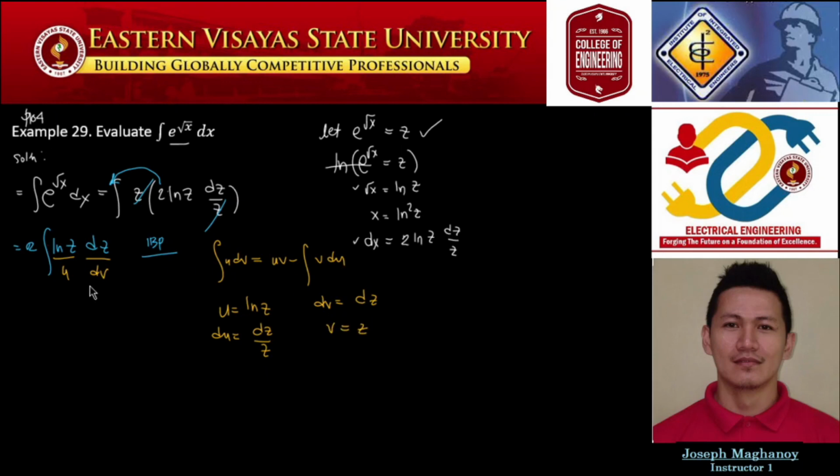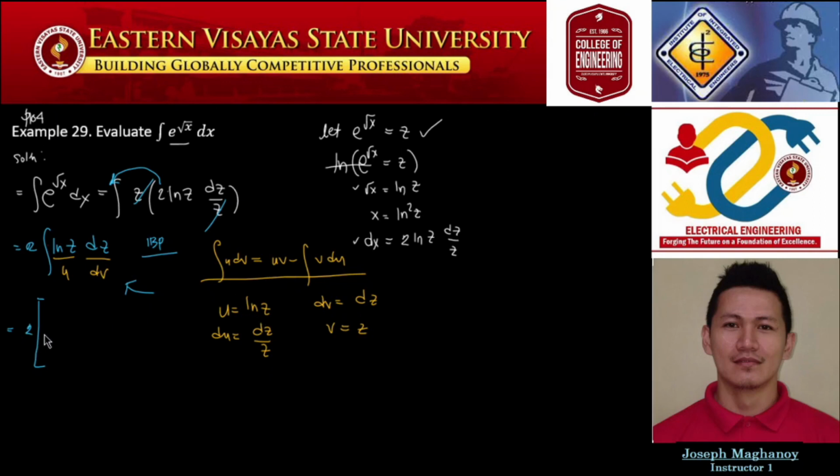You rewrite your function according to the integration by parts format. So we apply, equal to 2, of course 2 is our constant, bracket. What is your u?